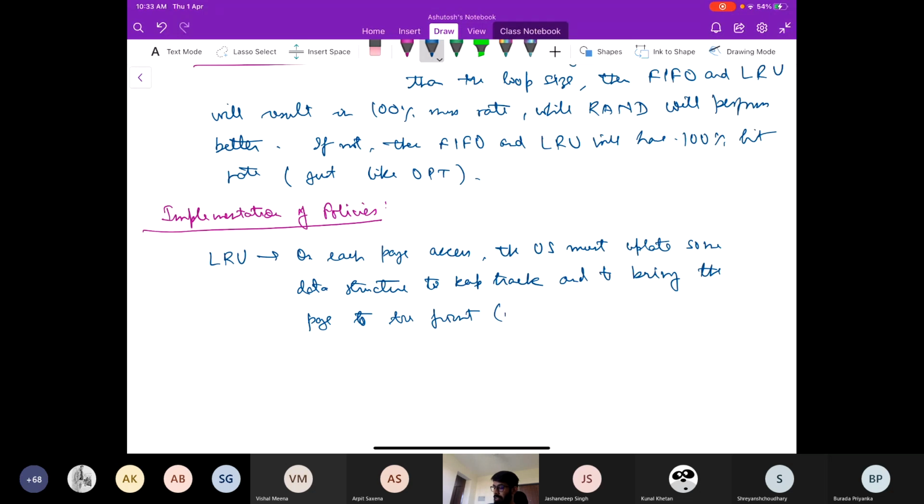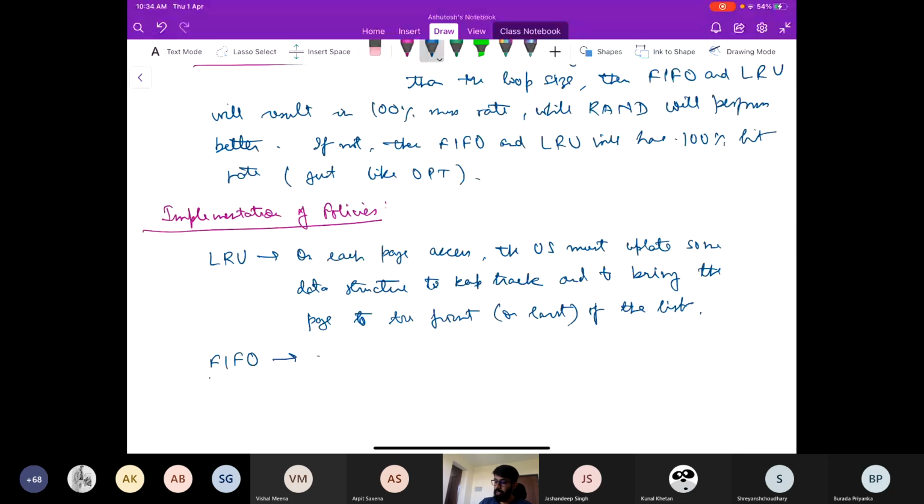Front or last, depends on how you implement it. But the main thing I'm trying to say here is that the OS will have to update this particular data structure on every memory access. Okay. And in FIFO, you don't need to do that.